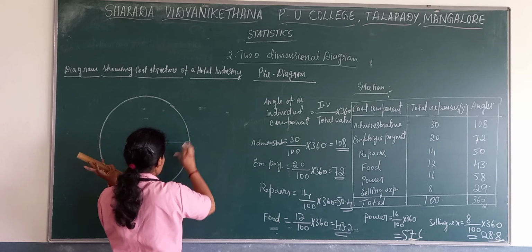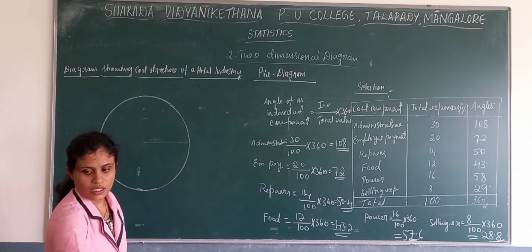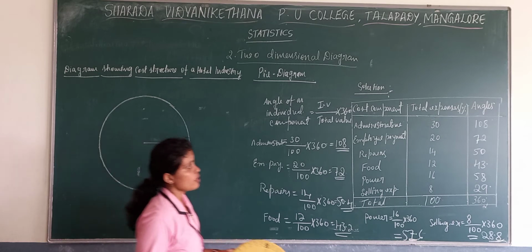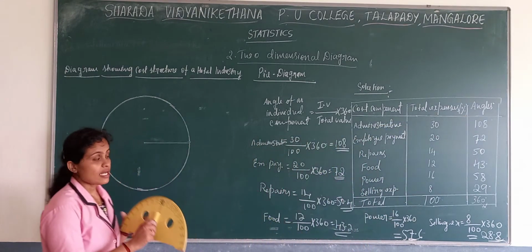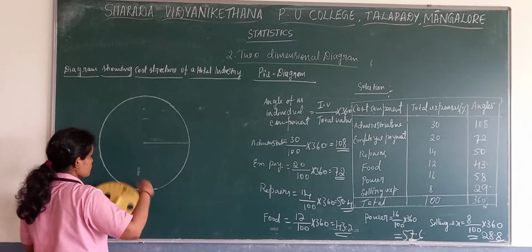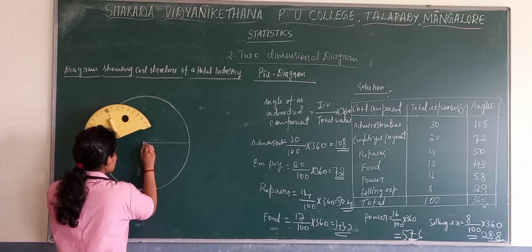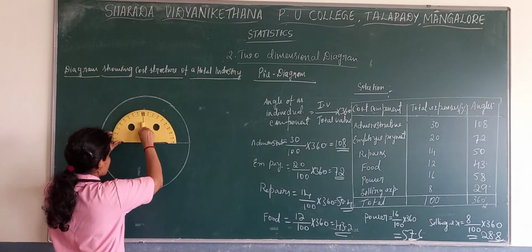Draw a straight line. Now what is the first one? The first one is administrative, 108 degrees. Take your protractor and keep the center here.